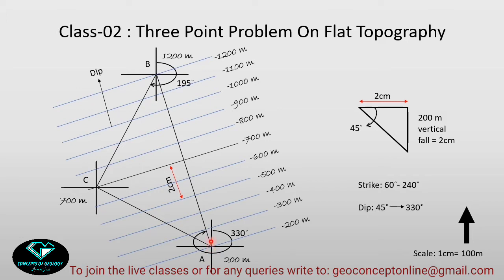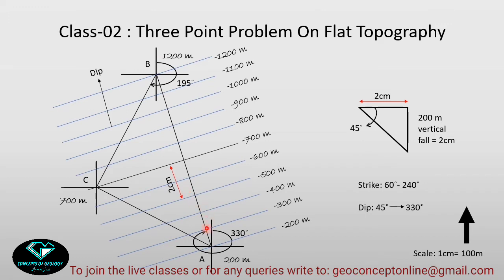After the location of A, I have to fix the location of B. The relationship between A and B is that a forebearing is taken from A towards B and the value of the bearing is 330 degree. So I will make an angle of 330 degree like this and draw a straight line along this angle. Somewhere on this straight line B will be placed.